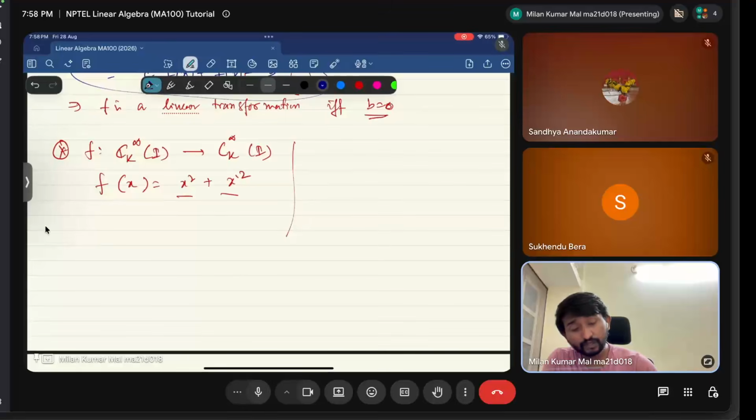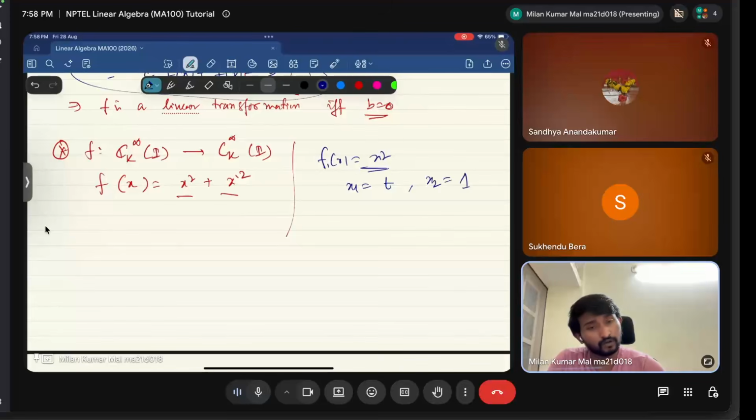Why? Let's see. If we just have the function f1 of x equal to x square, then that's not a linear transformation. Why? Because let's take two functions, x1 equal to the polynomial t, and x2 equal to the constant polynomial 1.